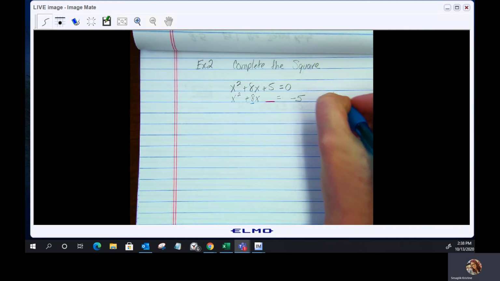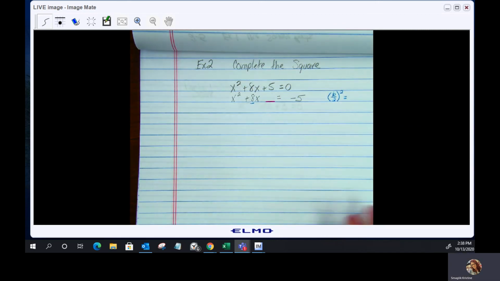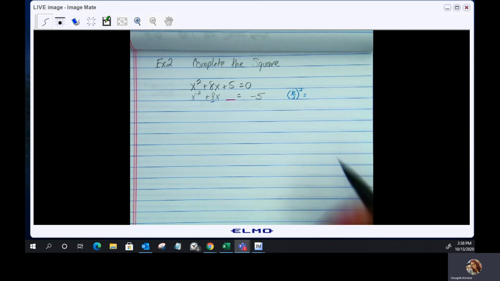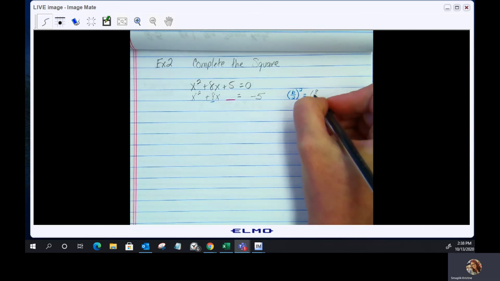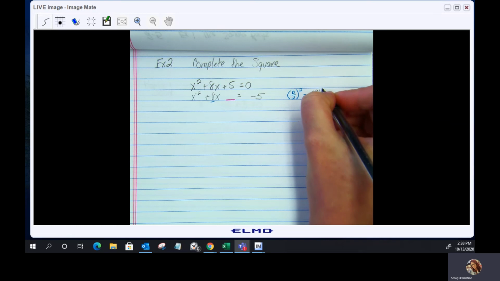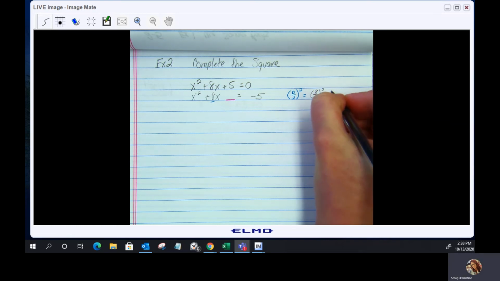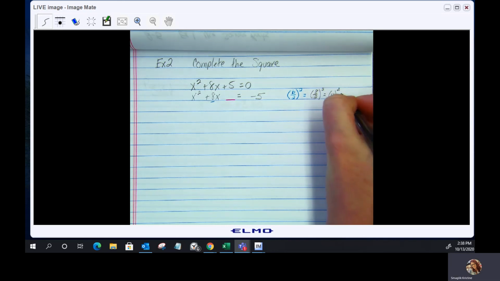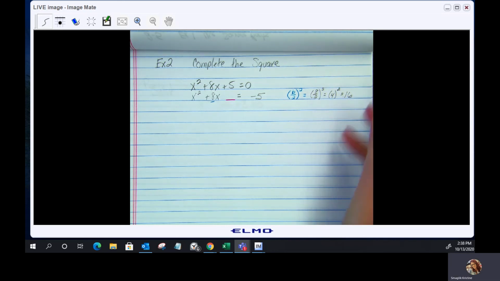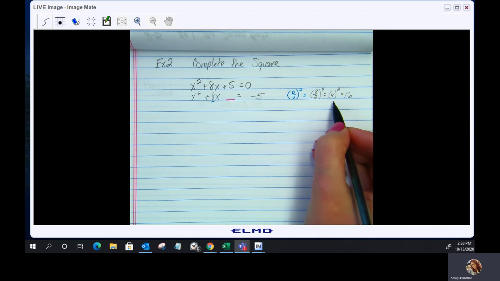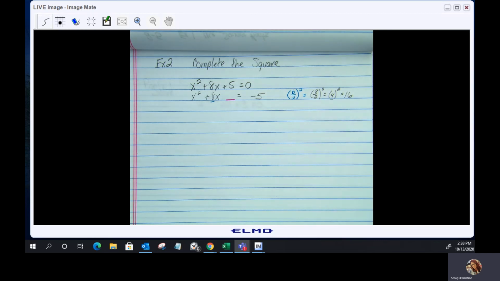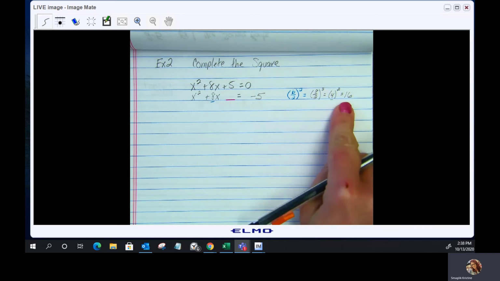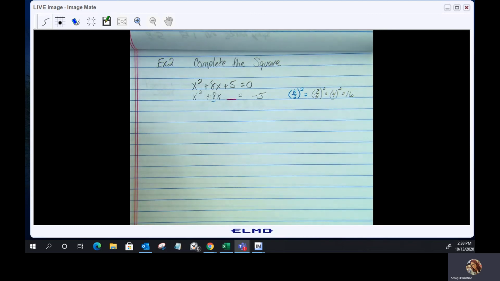Remember, you take your b, divide it by 2, and square it. 8 divided by 2 is 4. Square it, equals 16. I always write this out because when you go to factor, this 4 is going to be nice and handy. So I'm going to need to add a 16.